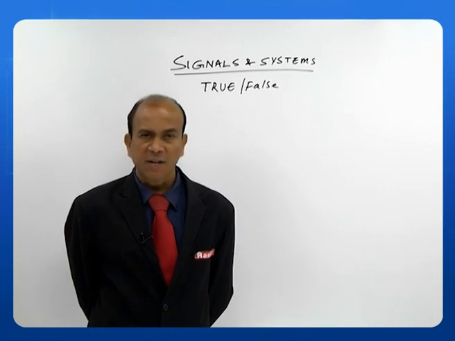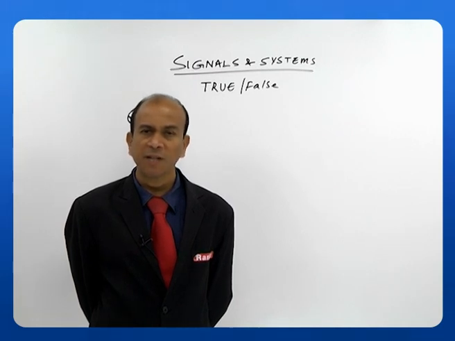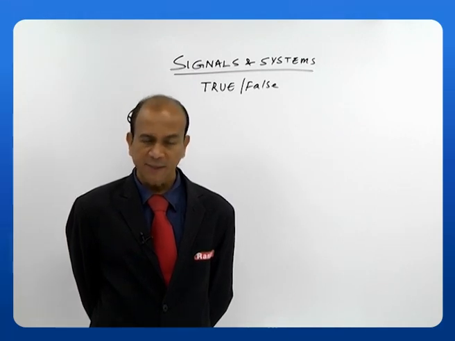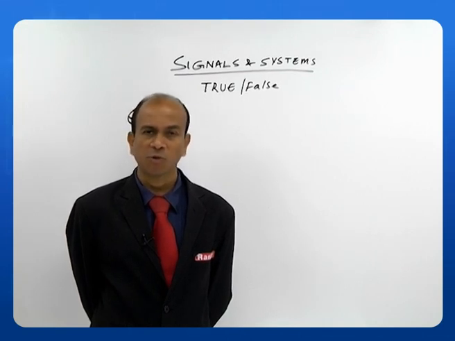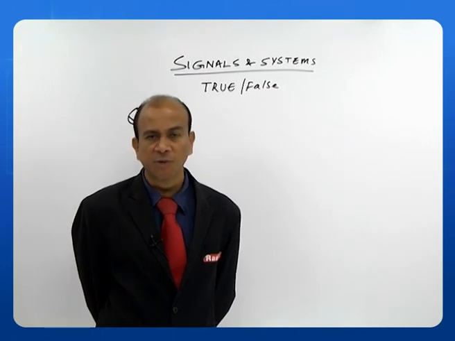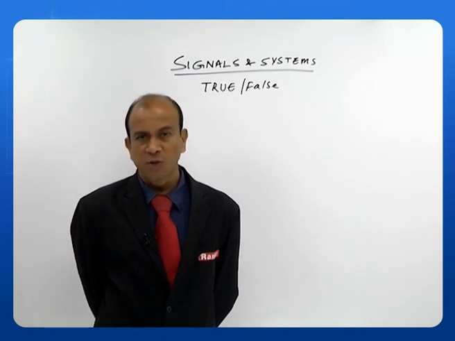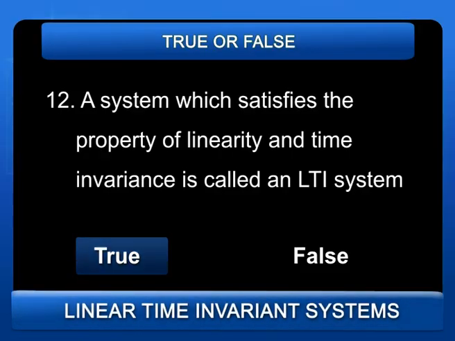That means it satisfies both properties. Linearity means both homogeneity and superposition must be satisfied. Plus the output should not be dependent on time. If there is a shift in the input time, the output also will be shifted by the same amount, whereas the signal essentially remains constant. So it is time invariance. So an LTI system is defined by this. So the answer of course is true.